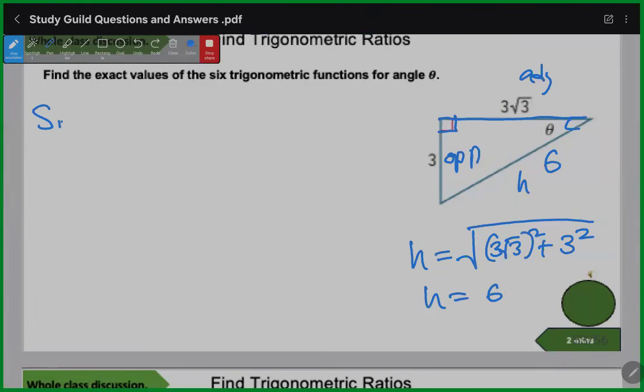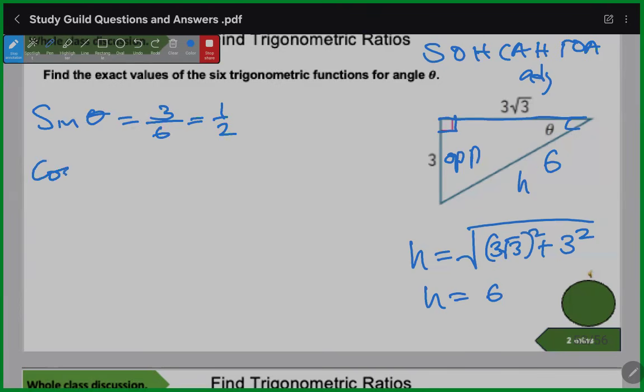Then your sine theta will now be, remember from our SOHCAHTOA, opposite, which is 3, over hypotenuse 6, and that will give you 1 over 2.